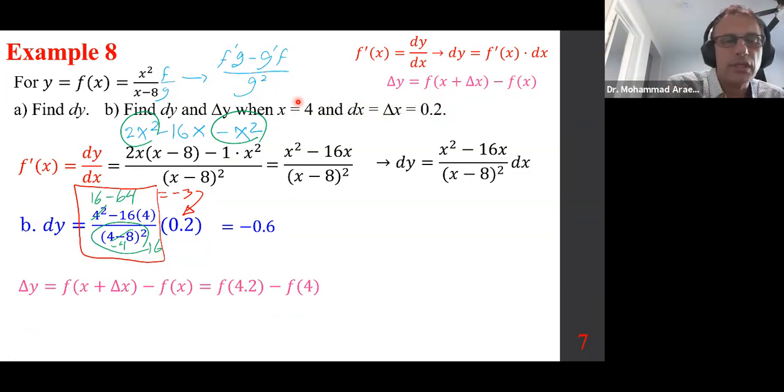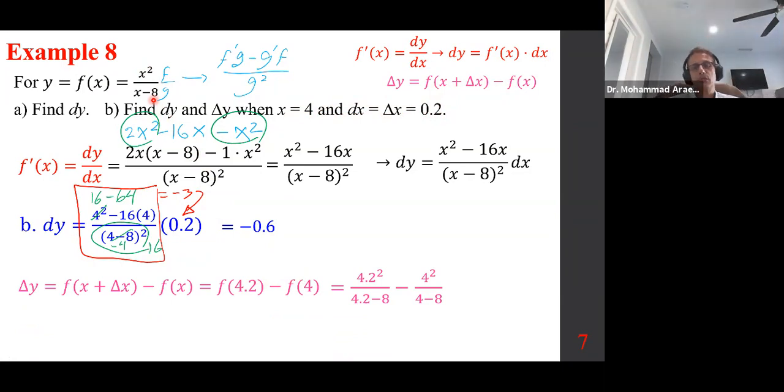Elementary algebra, meaning replace the x with 4.2 first, evaluate it, then replace it with 4, evaluate it. I'm going to assume everybody can evaluate those using a calculator. We end up with negative 0.6421.